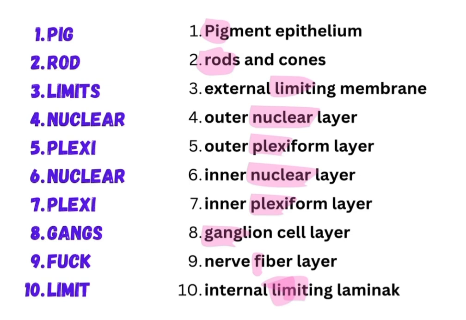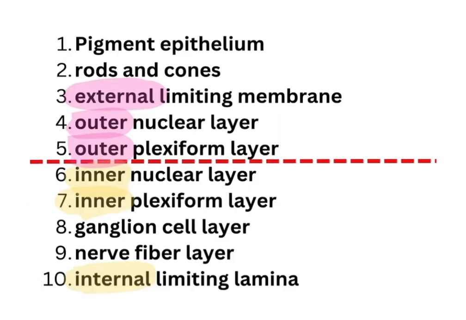So going from the external most layer, which is the pigmented layer, to the innermost layer of the retina, which is the internal limiting lamina, it is pig, rod, limits, nuclear plexi, gangs, fuck limit. Now, let's talk about how to divide the external outer from inner internal layers.